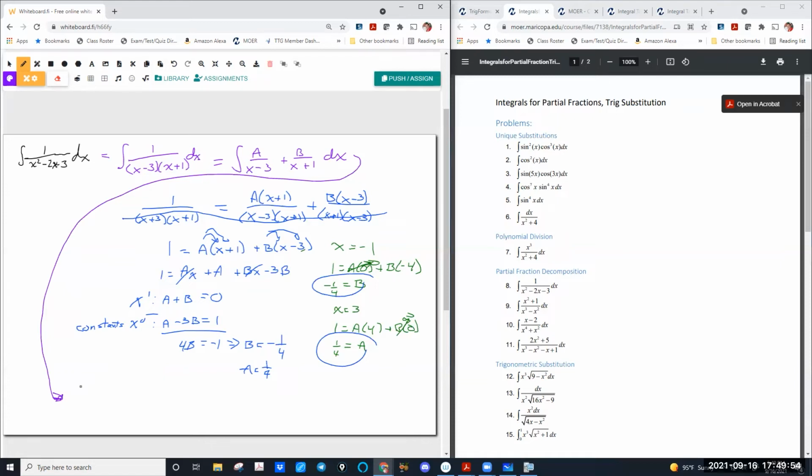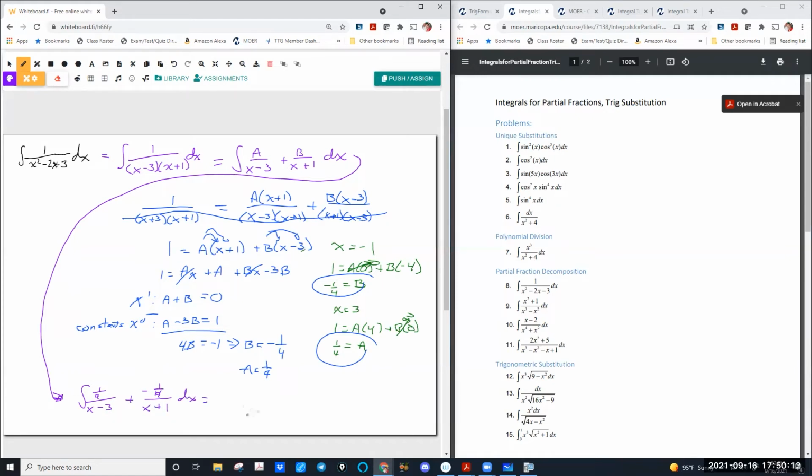You plug in the A and the B. So we have 1/4 over x minus 3 plus a negative 1/4 over x plus 1 dx.